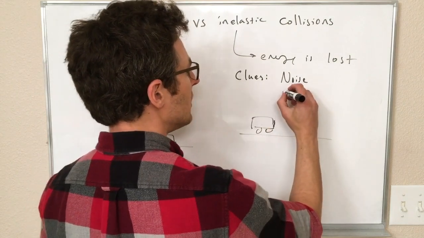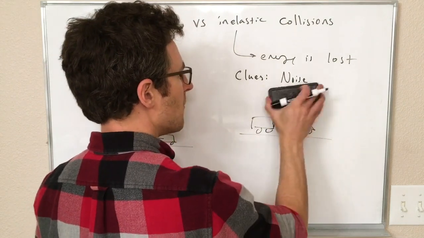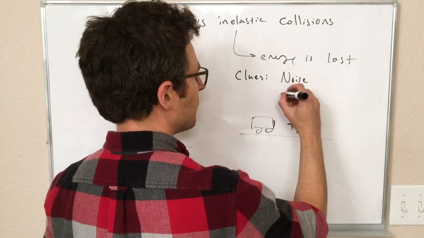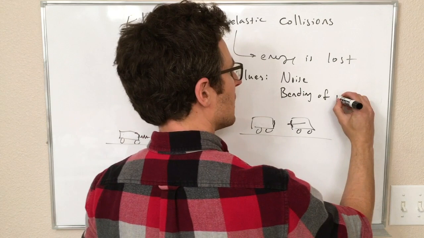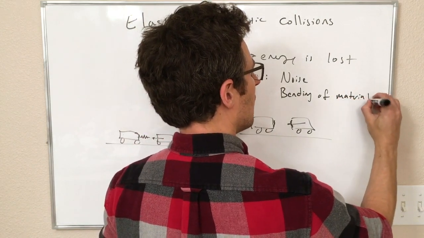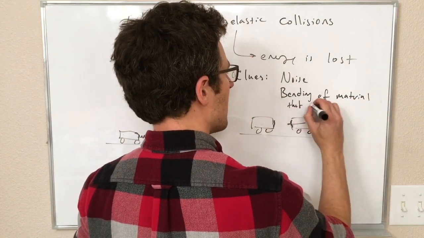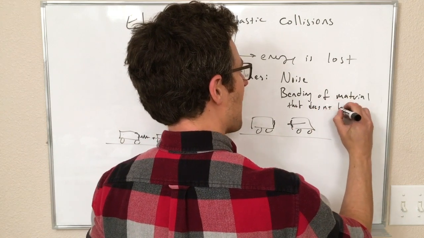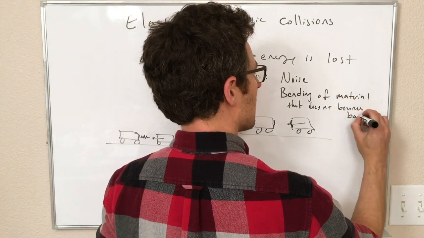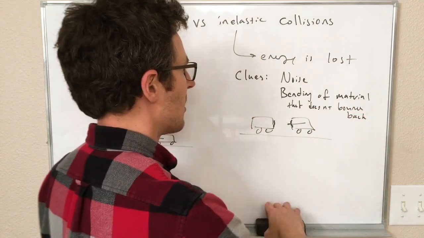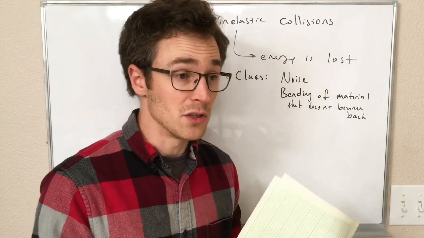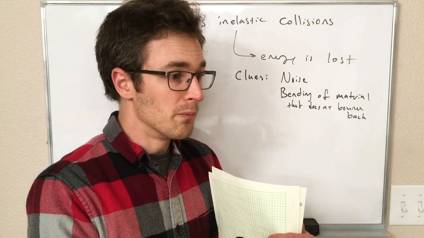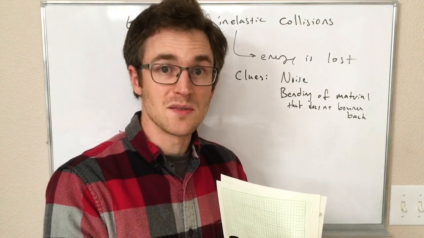One other big clue is bending of material that doesn't bounce back. So in other words, if we were talking about a collision between two actual cars, when two cars collide, there's a lot of metal that gets bent, right?